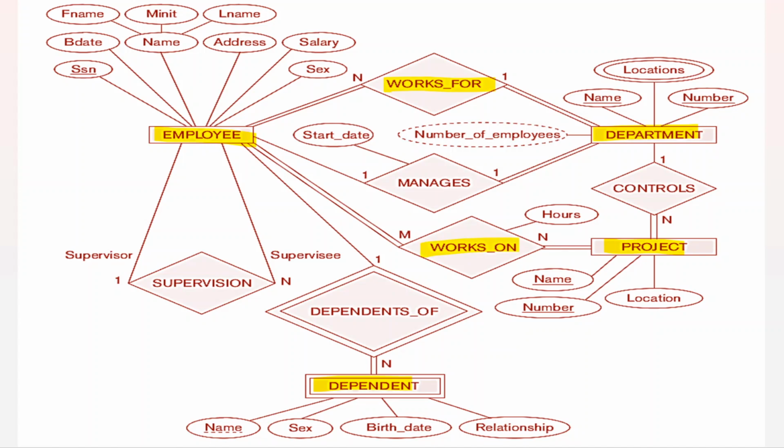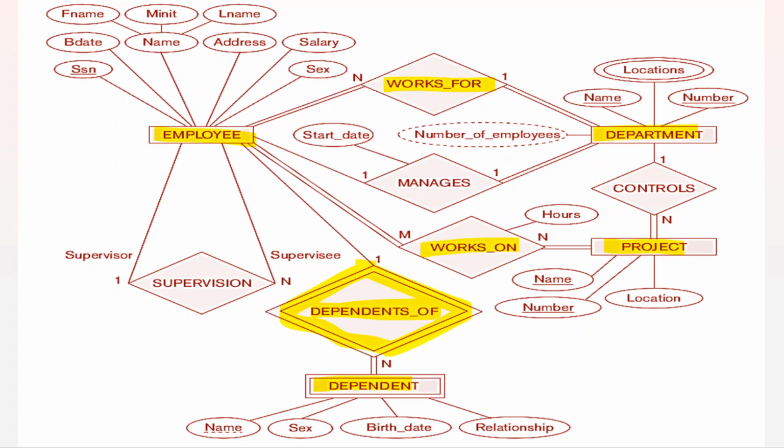We read it like: employee works on project. Next, the dependent is linked with the employee entity through the dependents-of relationship. As this is a weak entity, we use the double diamond box to represent the weak relationship. We already covered this in the last lecture.